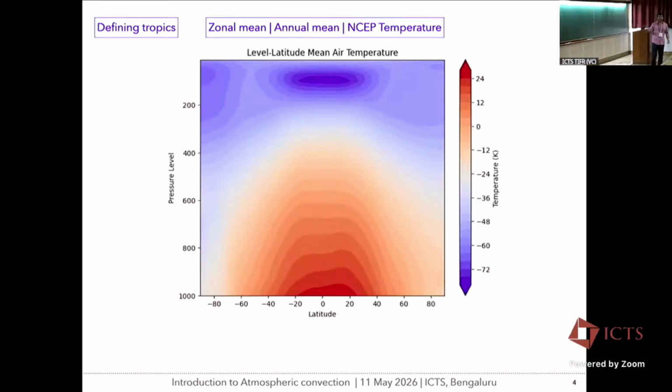So before going to monsoon, let's define the tropics first. There are different ways to define it, but I'm using this zonal mean, annual mean temperature cross-section with vertical levels.